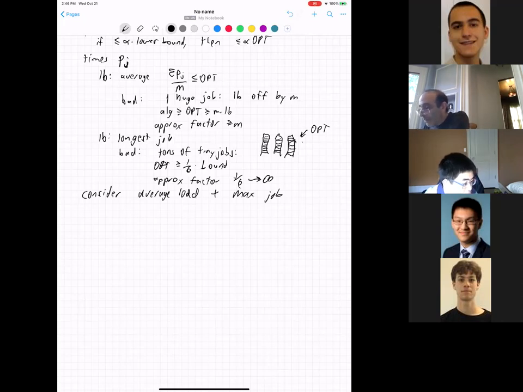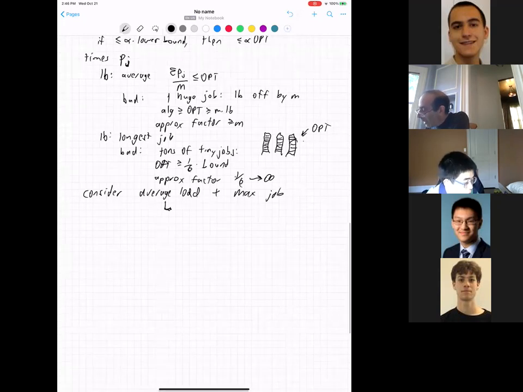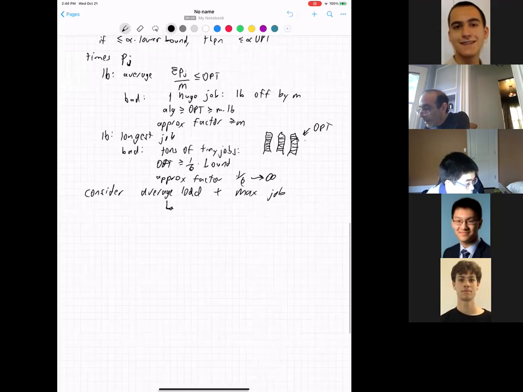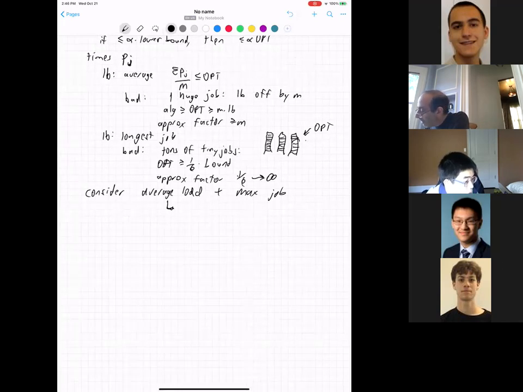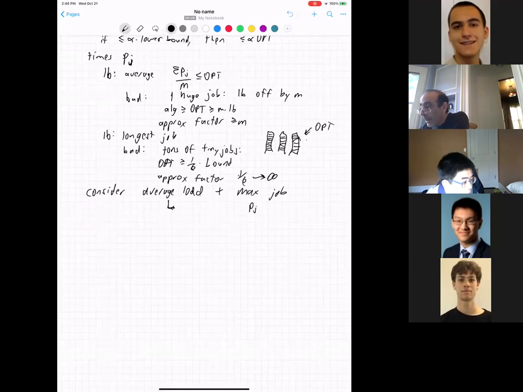So let's denote the average load by L, and let's consider the maximum job, I'll just use index J for that job. So let's think about what happens when we are building our solution greedily.